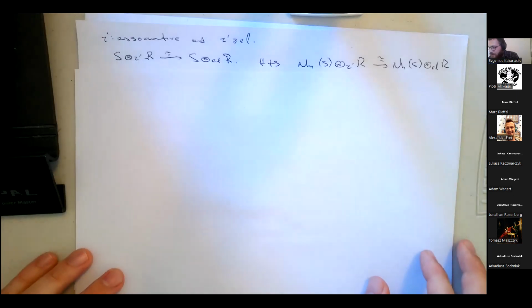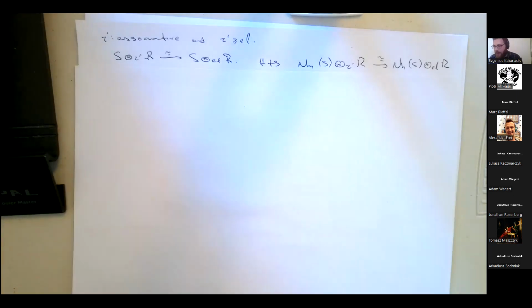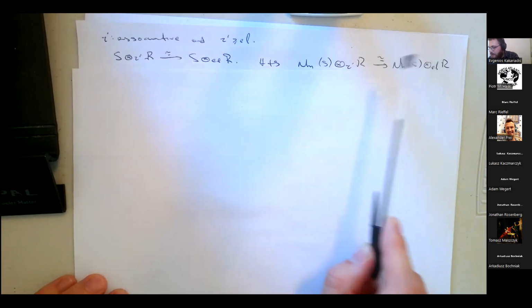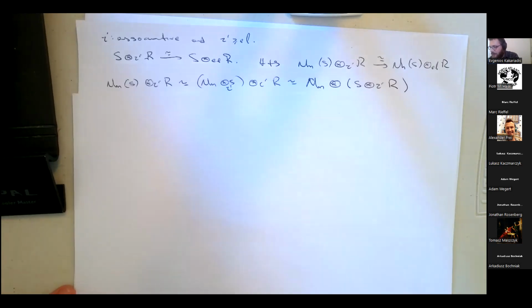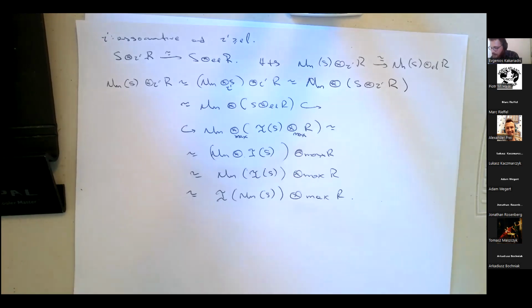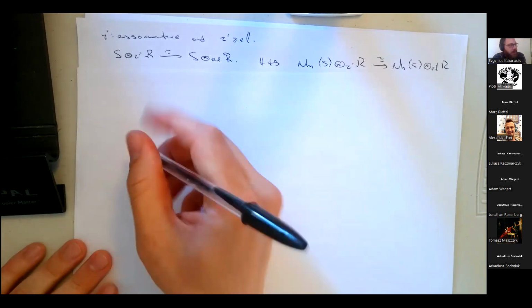So I'm in this situation. I have this isomorphism, and I want to get the same thing for MnS. What is important is the following.